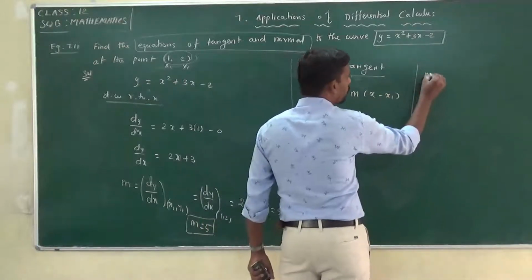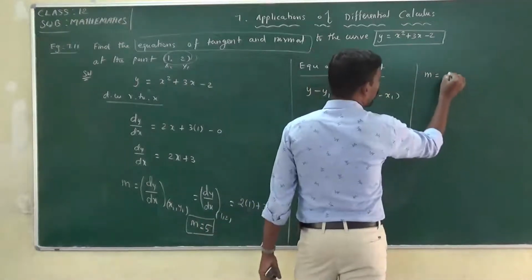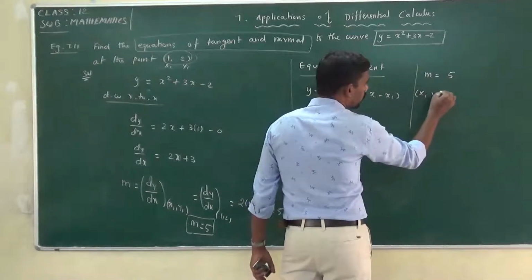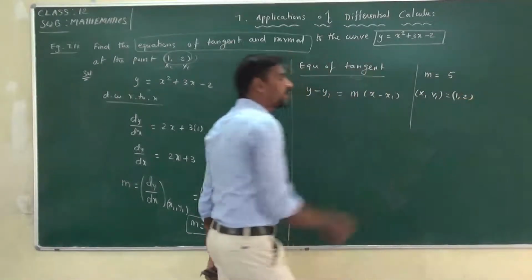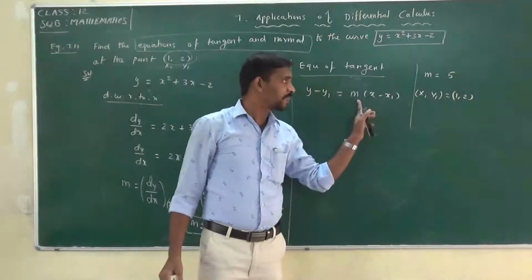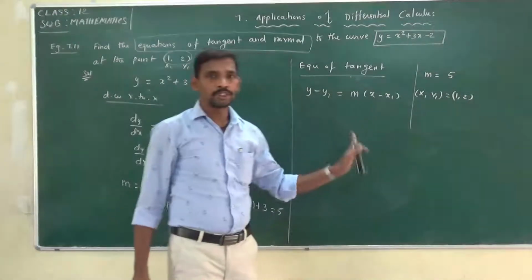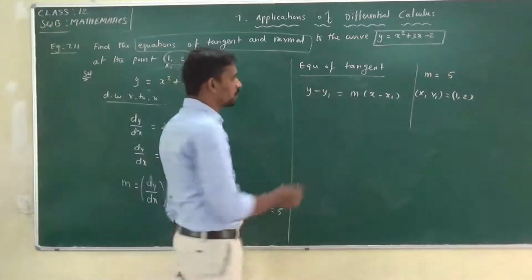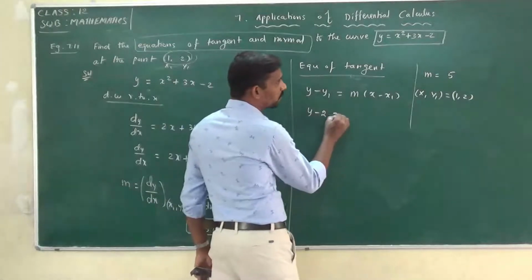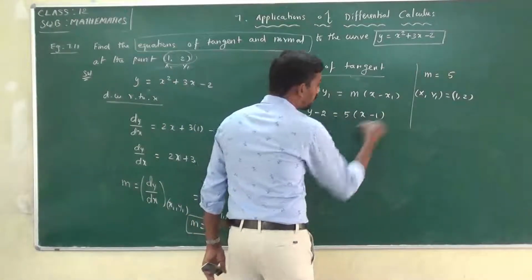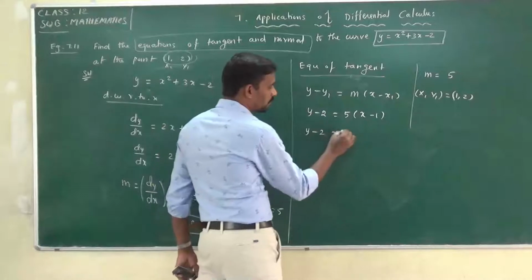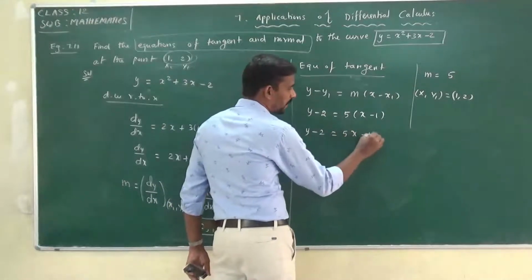So what is m? m is nothing but 5. And what is x1, y1? 1, 2. Now substituting the value m as 5 and x1, y1 as 1, 2, we get the equation of tangent. So y minus 2 is equal to 5 into x minus 1. So y minus 2 is equal to 5x minus 5.